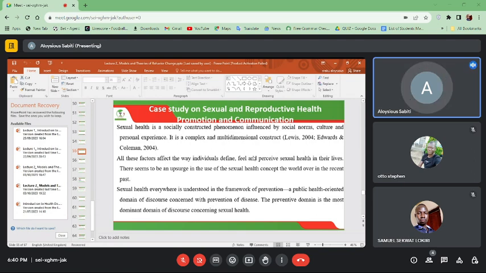So the way those particular factors influence an individual are the same way the person will feel about their sexual health. What happens is that the sexual health aspect has brought in the framework of what they call prevention. And this prevention is a public health aspect that is widely used in the prevention of many diseases.